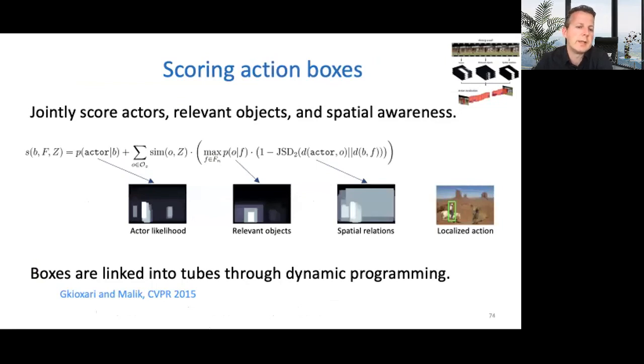So we use the likelihood of individual actor boxes as identified here, then the relevant objects, again with the score, together with the spatial relationships prior, and these are combined together to find the action horse riding over here. This is on an individual frame. To make it suitable for the temporal dimension in video, the individual boxes are linked through dynamic programming, a standard procedure from the literature.